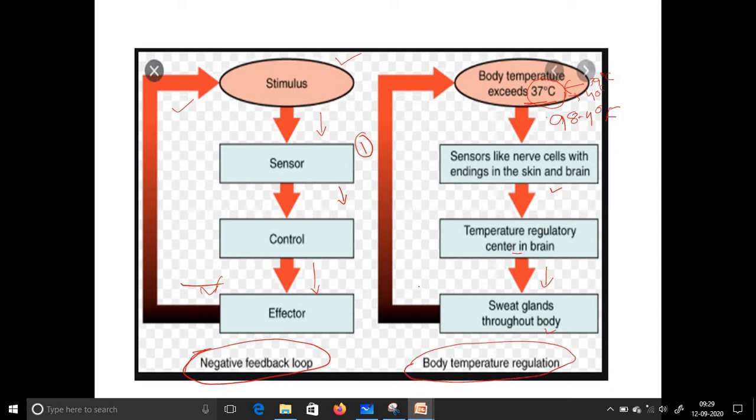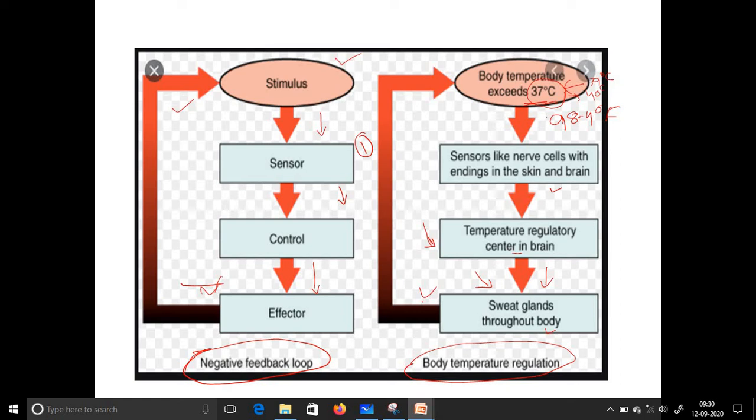Okay, because the sweating regulates the normal body temperature when it increases the set point. In a similar manner, when there is cold, the sensors or nerve cells receive the signal and send it to the brain or hypothalamus. Here, what does the effector organ do? They constrict the blood vessels so that goosebumps occur and the body shivers.